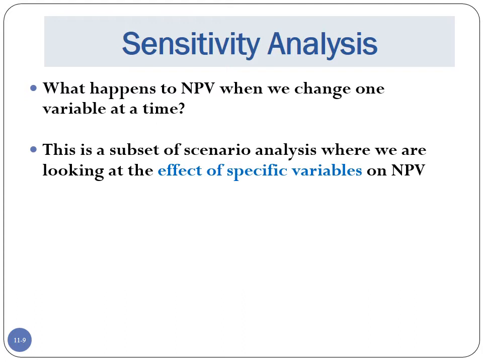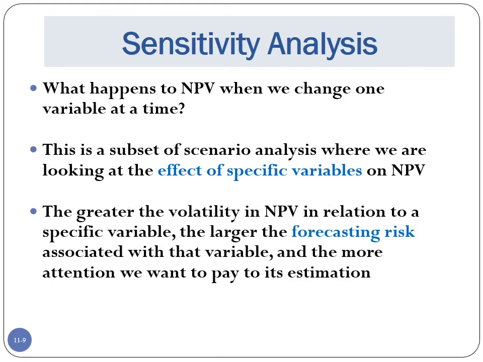But in sensitivity analysis, we look at one specific variable, and we change that, and we see what effect that has on net present value. So the greater the volatility in net present value in relation to a specific variable, the larger the forecasting risk associated with that variable, and the more attention we want to pay to its estimation. So the risky variables are the ones that have the greatest impact on net present value.